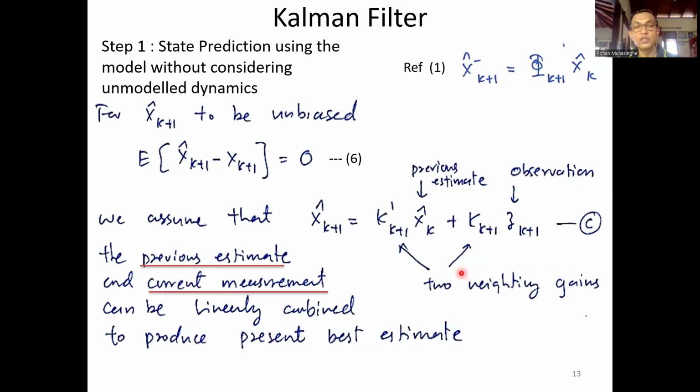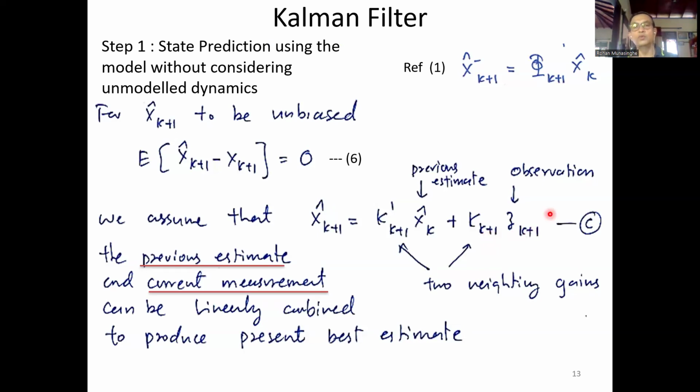I think we went through this process to find out how these two gains or weights are related to each other, because you have to take the previous estimate and also the sensor.